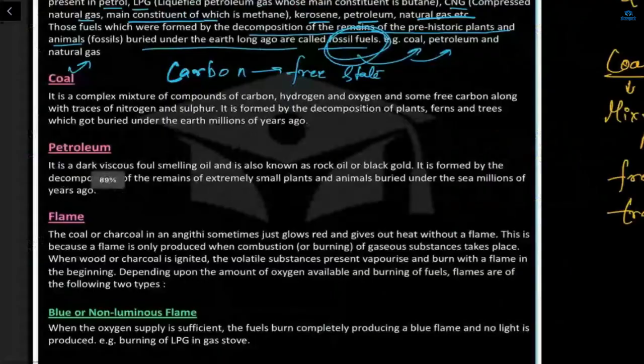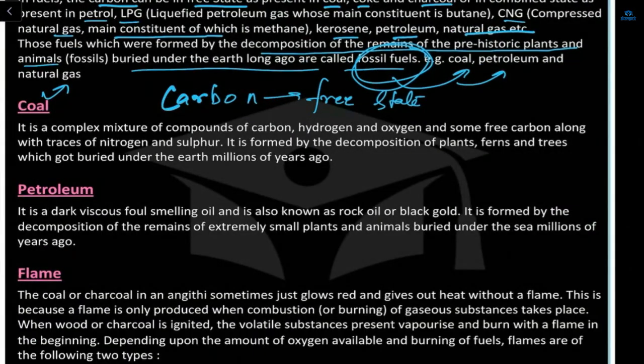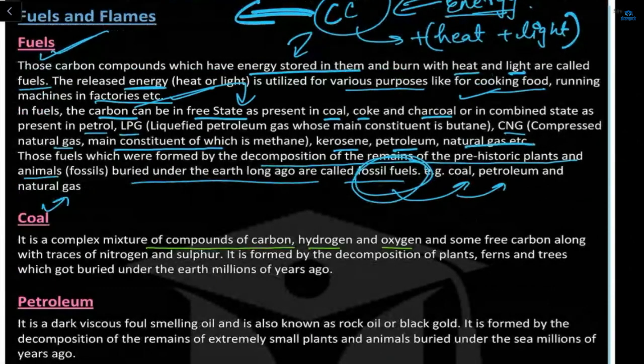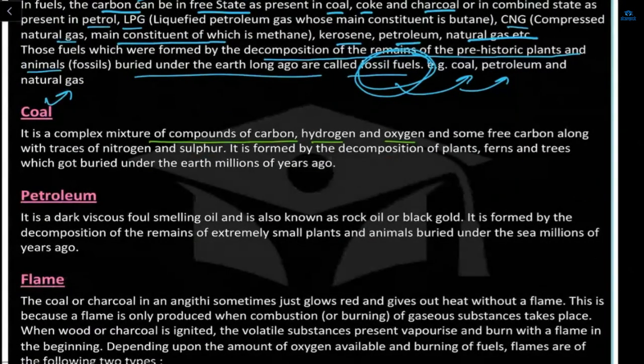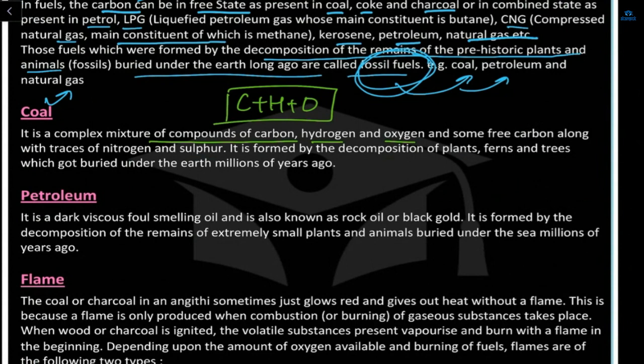Now we will go through what coal is. Coal is a complex mixture of compounds of carbon, hydrogen, and oxygen. In fuels we have only carbon compounds, and in coal we have a mixture of carbon, hydrogen, oxygen, and some free carbon along with traces of nitrogen and sulfur.